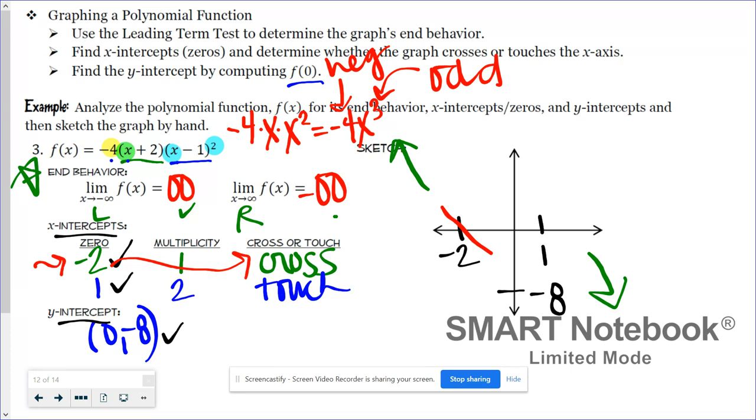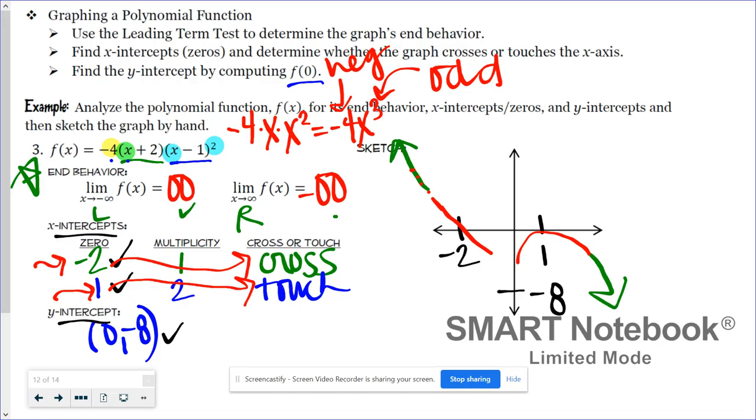If you can imagine, it's going to connect to my left end when it does that. When it comes to the x-intercept of 1, I need to show it touching the x-axis. So I can make that connection to my right end behavior and show it touching.